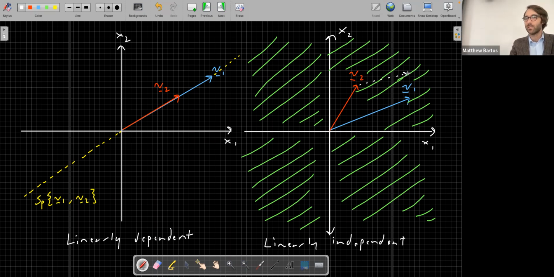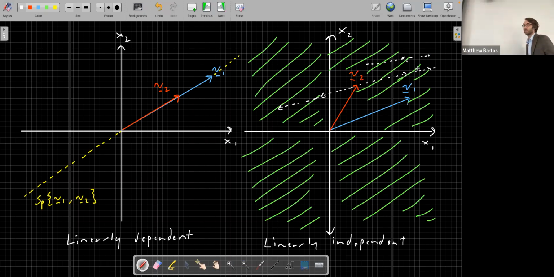Then you can scale V1 by a little bit more and you'll end up somewhere over here. You can scale V1 a little more, end up over here. You can take V1, scale it by a negative amount, end up over here. Scale it a little more, end up here. Then you can take V2, scale it a bit more, add V1, and you end up over here, and so on.